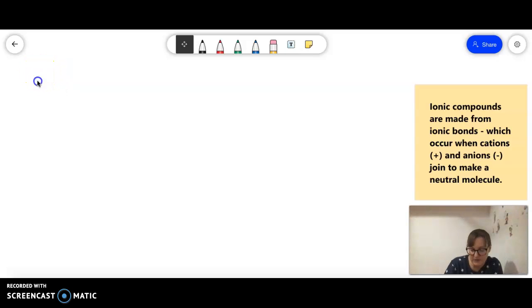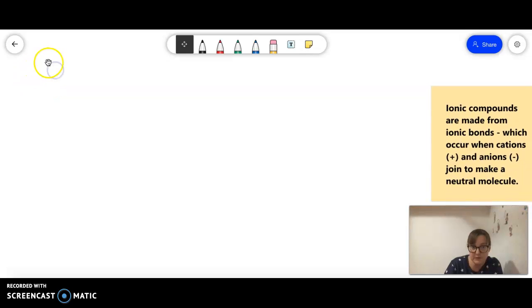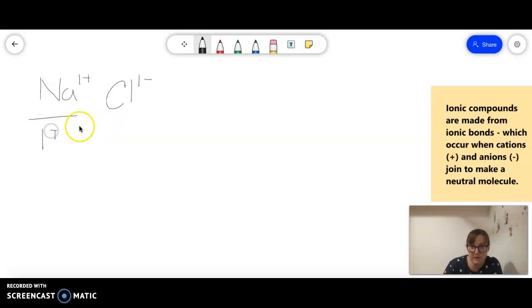So if we start out with, for example, Na, 1 plus, and then we had Cl, 1 minus, we could take this molecule and say, okay, we've got 1 plus, and we have 1 minus.